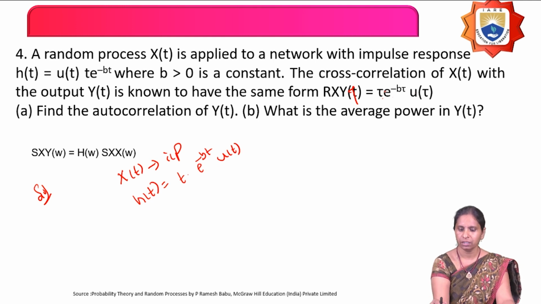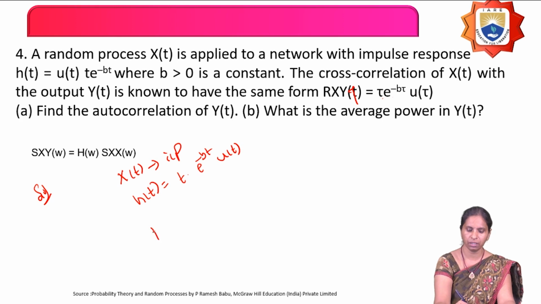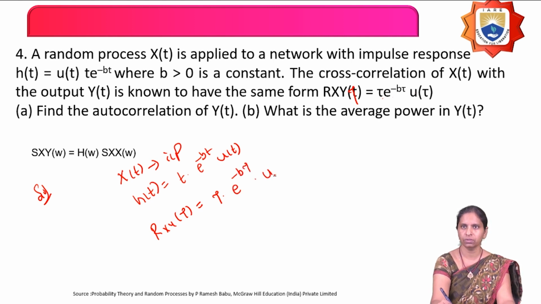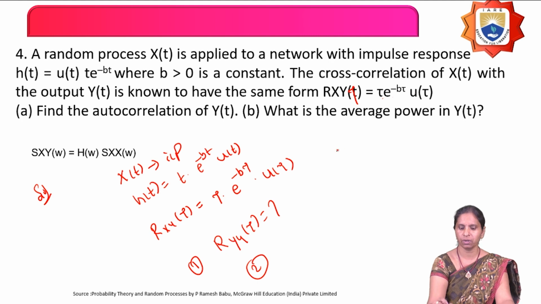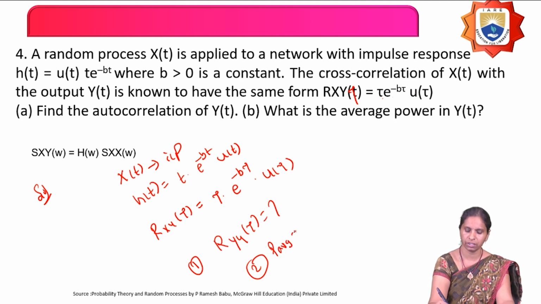And they have given the cross correlation function of the input with output, Rxy of tau equals tau into e power minus b tau into u of tau. Now, what you have to calculate? You have to calculate the autocorrelation function of the output, Ryy of tau. This is the first problem. And the second problem is, what is the average power in y of t? Nothing but P average.